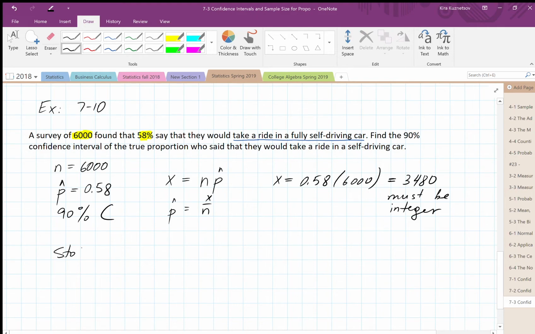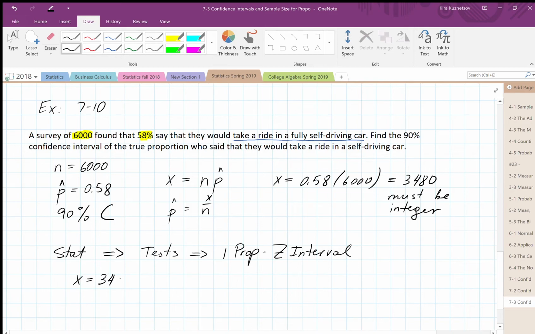You go into stats, over to tests, and down to one proportion z interval. It's asking for x.